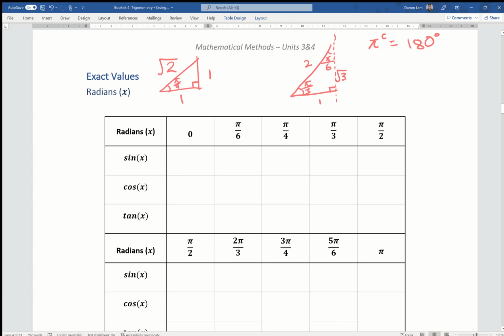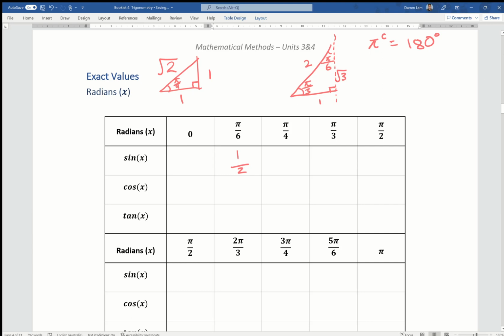Great, okay. So, let's start with filling these ones in here. Okay? So, pi on 6. Sine of pi on 6, so the opposite over the hypotenuse. So, pi on 6, look at this angle here. Hopefully this seems quite reminiscent. Pi on 6, opposite, which is 1, over the hypotenuse, which is 2.